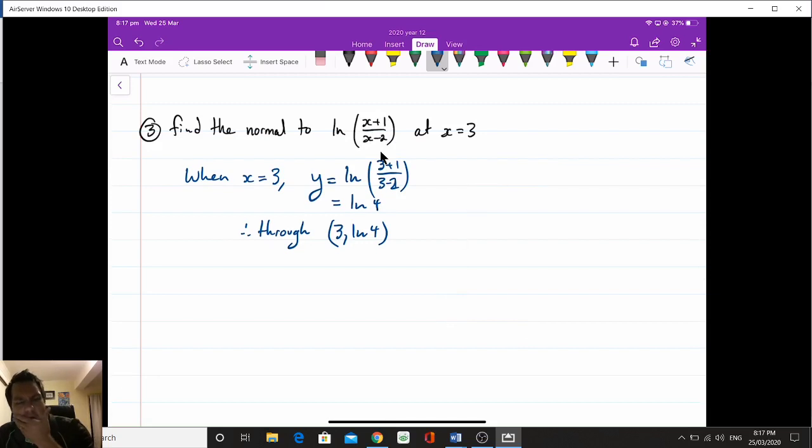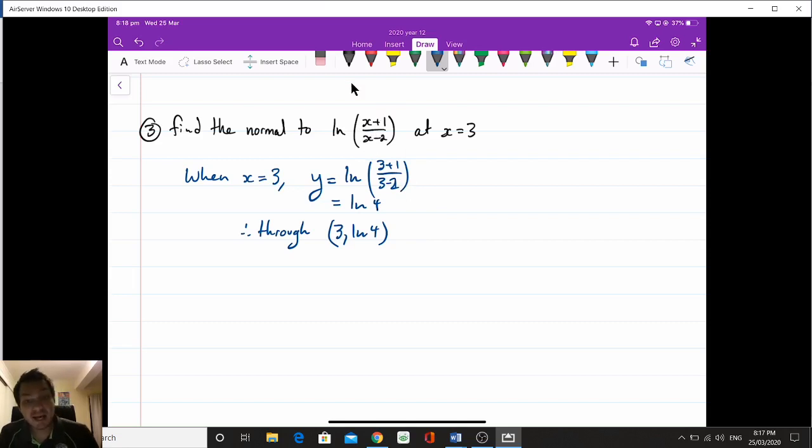So for example, if x is negative 10, you'll have ln of 9 over negative 12. So that would be ln of a negative number, which wouldn't therefore be defined. So there's a bit of play with this, so you wouldn't be asked to graph that.